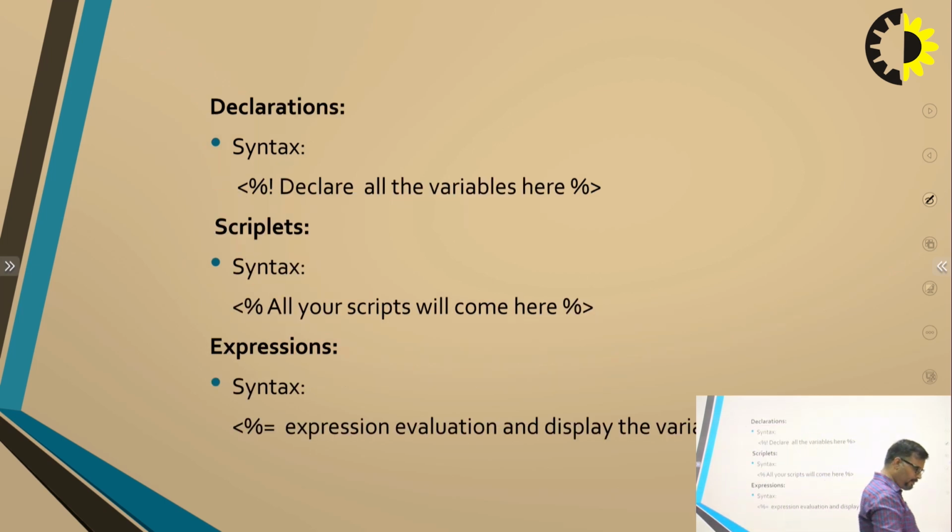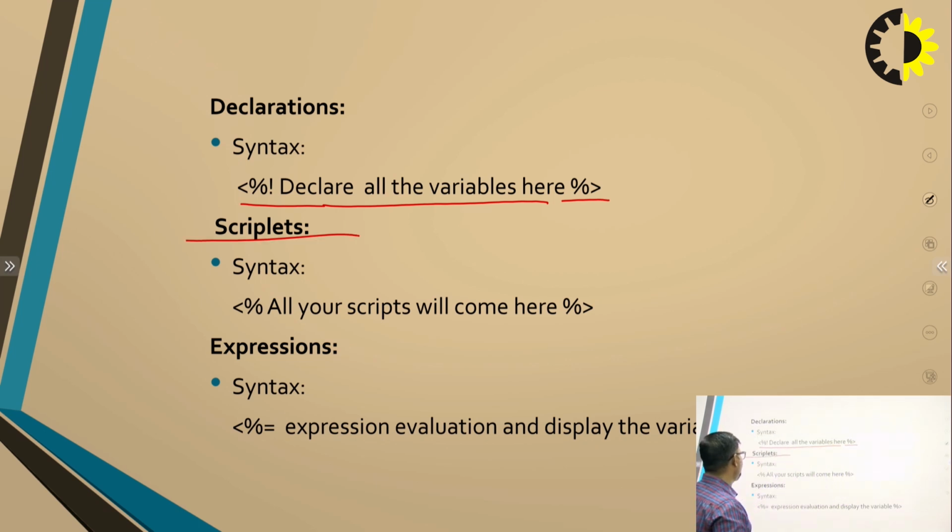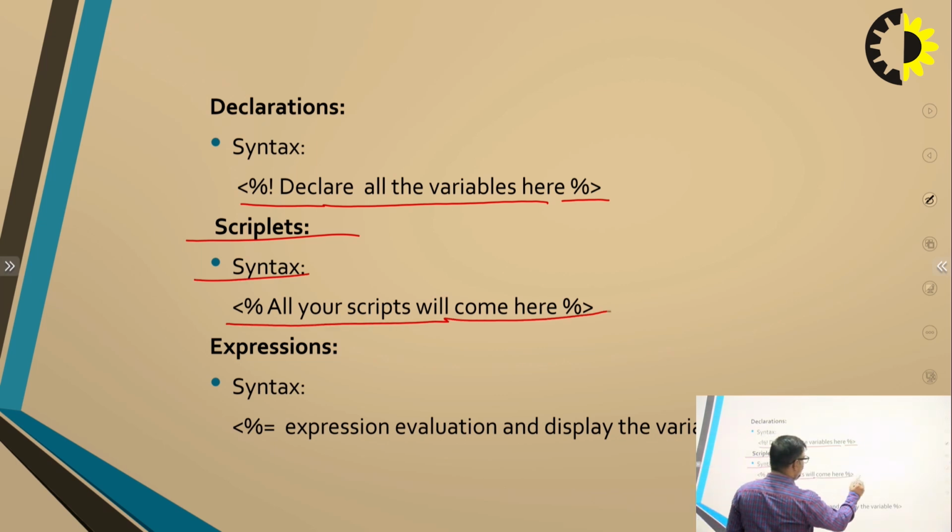Next, what is the declaration? Suppose we want to declare some variables of the program, then we will use <%! and declare all the variables here and close. In a similar way, we use scriptlets, <% and all your scriptlets will come here.